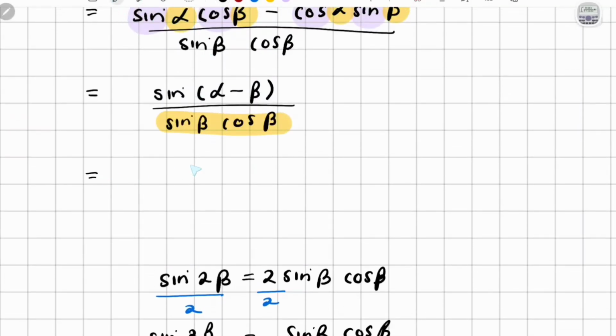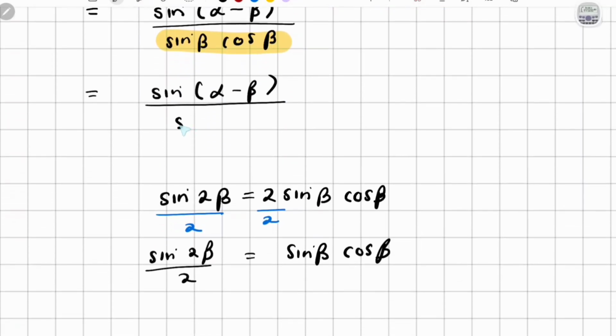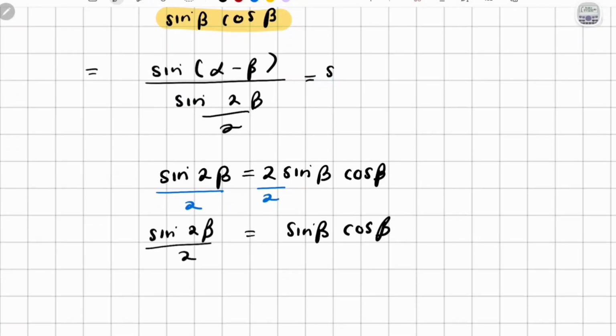Okay, so on the numerator, we still have sine alpha minus beta. The denominator, we now have sine 2 beta over 2. You see, this numerator is being divided by this denominator. So how we could have written this is sine alpha minus beta divided by sine 2 beta over 2.